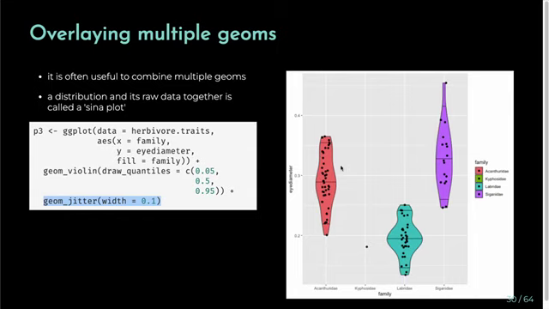And this is actually a really good way of showing data because it shows the combined distribution, but also the raw data that forms this distribution. And this sort of overlaying of a distributional geom with the raw data is what's called a sina plot, and those are really good ways of showing data distributions.